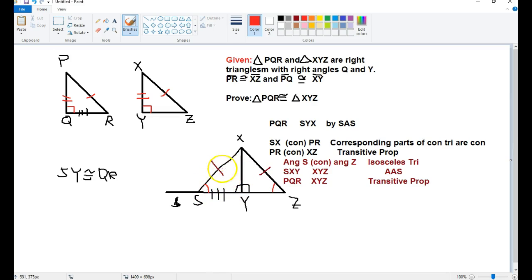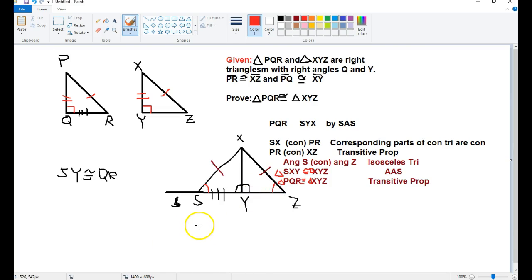So then we have angle, angle, and then the side, and the angles that are opposite of the side are the same. So we can show these two triangles are congruent. And then PQR and XYZ would be congruent because of the transitive property.